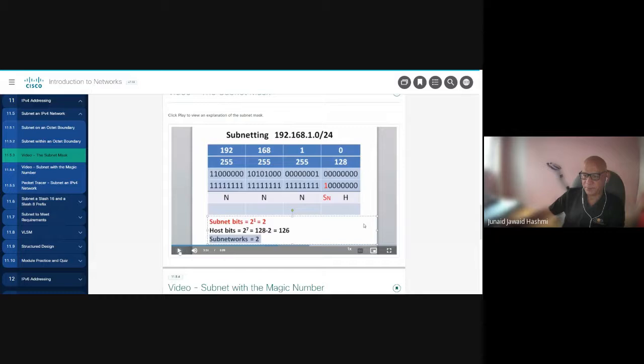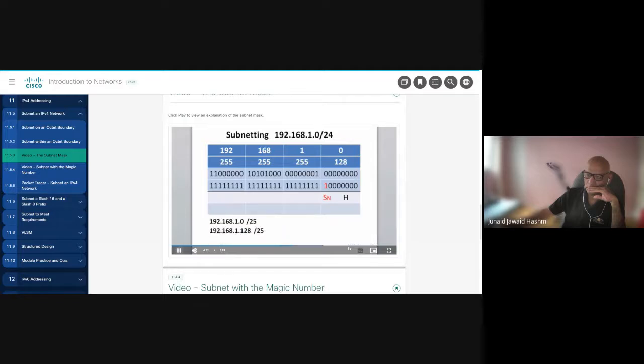Okay. Host bits, we have 7 zeros now. So host bits are 2 to the 7th power, or 128, minus 2 for the network address and the broadcast address, leaving us with a total number of possible hosts on the subnets of 126. So by borrowing 1 bit from the host portion of the address, we create 2 subnetworks, each subnetwork with 126 hosts.